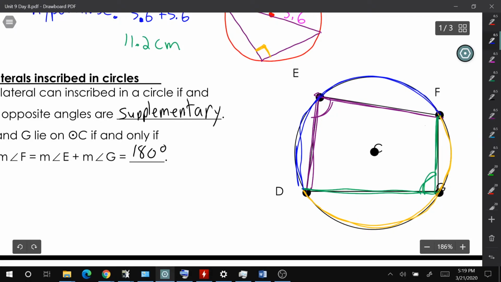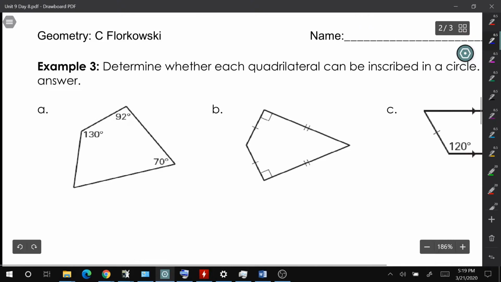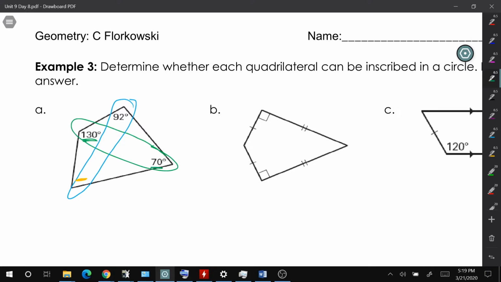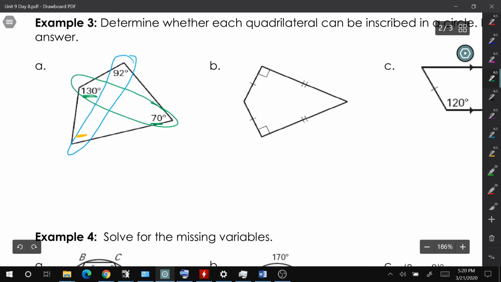Alright, so on the next page, we're going to determine whether these quadrilaterals can be inscribed in a circle. That would mean that these two angles have to add to 180, and these two angles would have to add to 180. We don't know this angle down here, but I can already see that 130 plus 70 is 200 degrees, not 180.